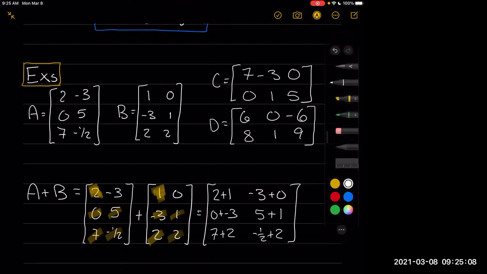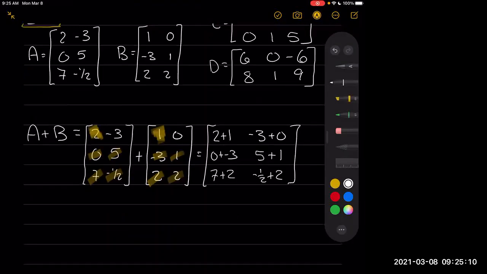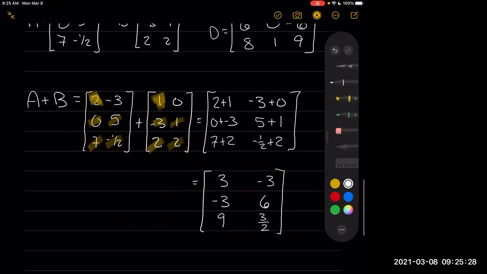And now, when we add all of these up, we end up with 3, negative 3, negative 3, 6, 9, and 3/2. So that's what A plus B is.